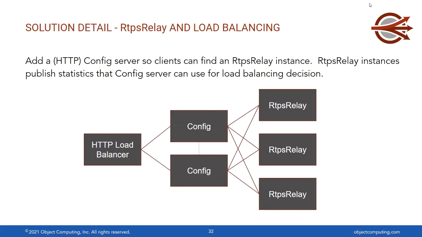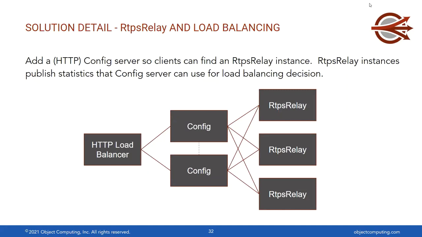So each of these secondary load balancers are talking to the relays because the relays publish statistics about their performance and their status. So the config can choose the least loaded relay, or whatever policy you come up with, and it can then pass that information on.